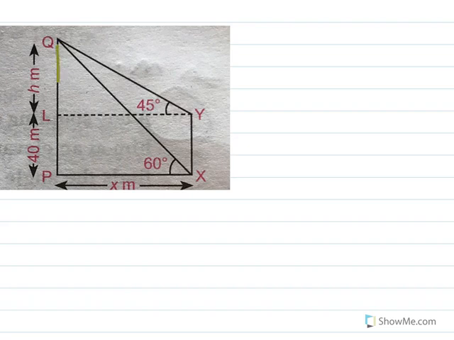We could do it in another manner. In this triangle, we know angle 60, and sine 60 is perpendicular over hypotenuse, which is root 3 by 2.